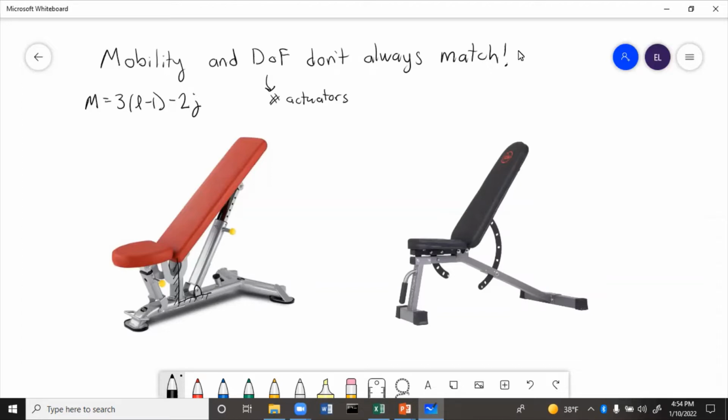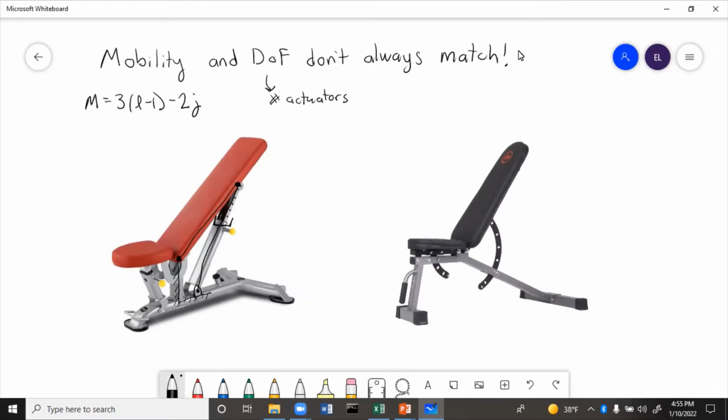Then we'll have a revolute joint, another revolute joint up here, and where these connect there is a prismatic joint. Then the seat back is connected with a revolute joint there, and the seat back is all one rigid thing.